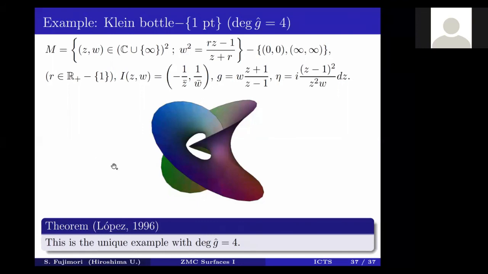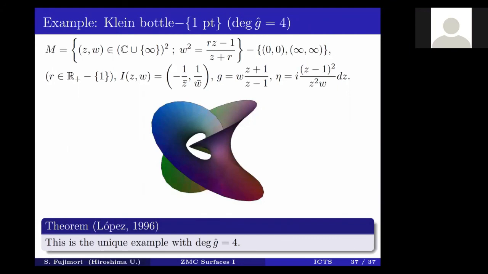So I have a simple question to begin with. For orientable minimal surfaces, you had, for every genus and any number of punctures, a minimal surface of finite total curvature. Is that right? Yes, yes. But for non-orientable, what is the story? Can any genus be realized?